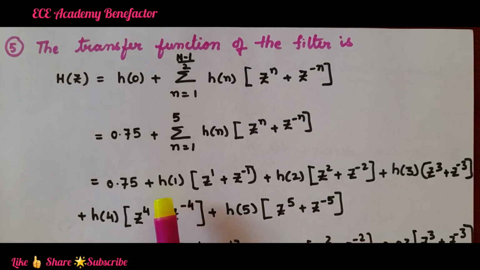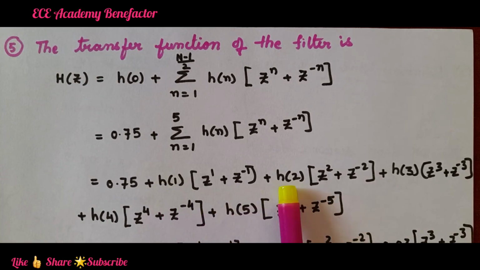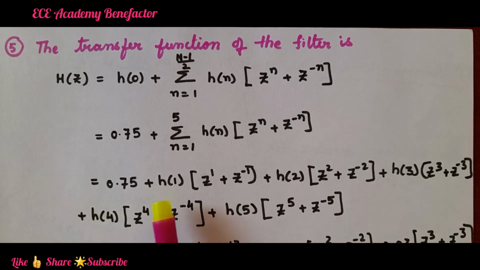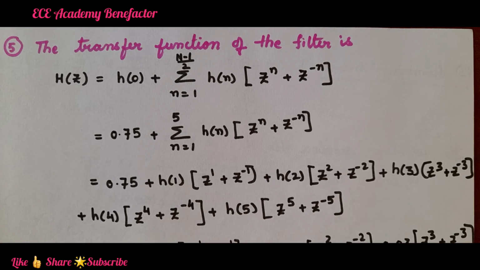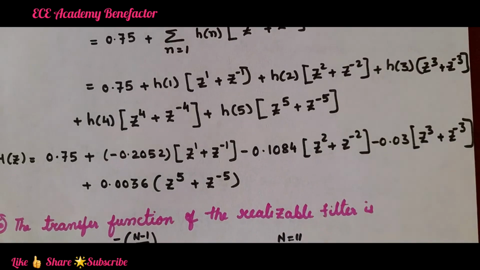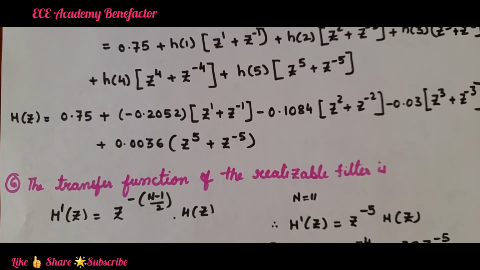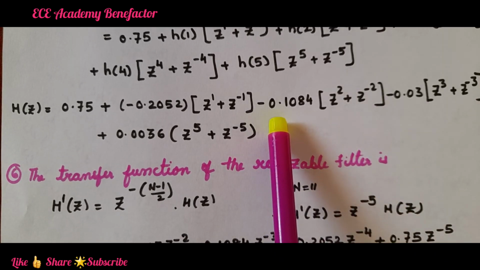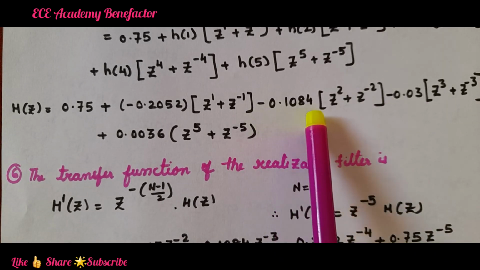Now we are having H of 1 value, H of 2 value, H of 3 value, H of 4 and 5. H of 4 we got it as 0. So, H of 1 value is how much? Minus 0.2052. H of 2 value is minus 0.1084.